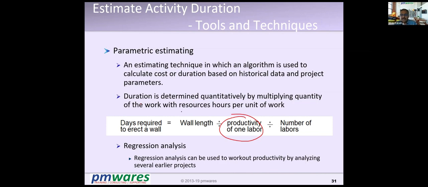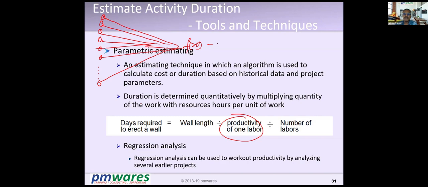In analogous, we study only one project. In parametric, we study many projects, one after another. So suppose we did 50 projects last year. So I study all 50 projects. 1, 2, 3, 4, 5, 6, up to 50. Right? Then I measure all my parameters in all 50 projects. And with these measurements, I derive a formula, f(x) equals y.